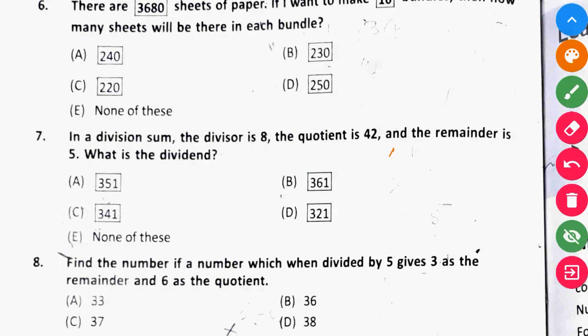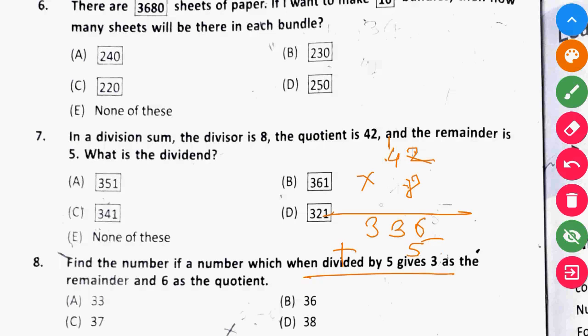So we'll multiply 42 with 8. 8 sixes are 48, 4 will be carried forward, 8 fours are 32 plus 4, 36. Now add the remainder to the 336 that we get after multiplying 42 by 8. 5 plus 6 is 11, 1 carry, 4 plus 3 is 7... so 341 is your answer.